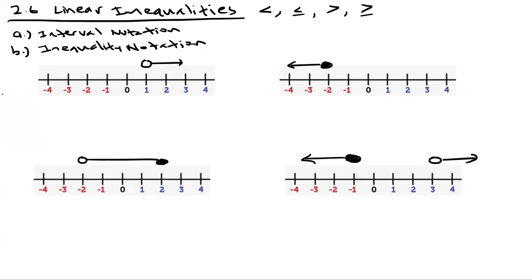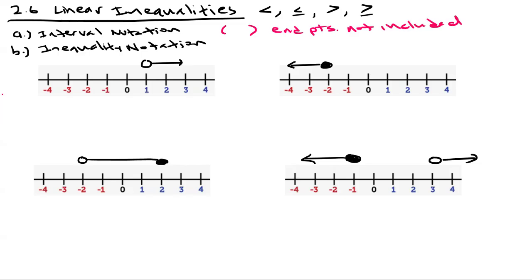Okay? So here we have four graphs, and each of the graphs we need to write down in interval notation and inequality notation. I just talked about inequality, which is these alligator symbols. Interval notation is dealing with brackets and parentheses. If you have parentheses, that tells us that the endpoints are not included.